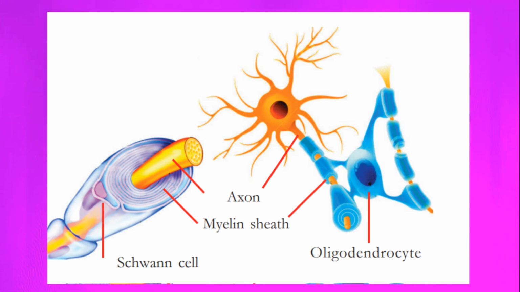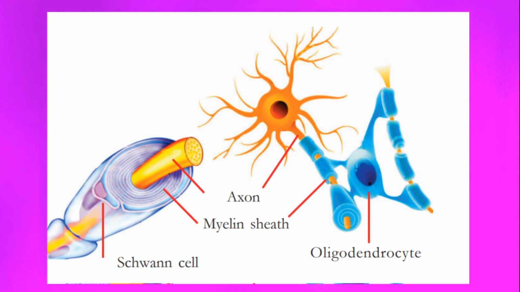So oligodendrocytes are specialized cells seen only in the brain and spinal cord which can connect different axons. It is estimated that a single oligodendrocyte can connect around 50 axons at the same time. Simultaneously means at the same time, so that it can pass the impulse in a very fast way.